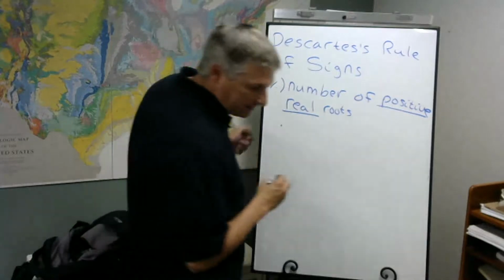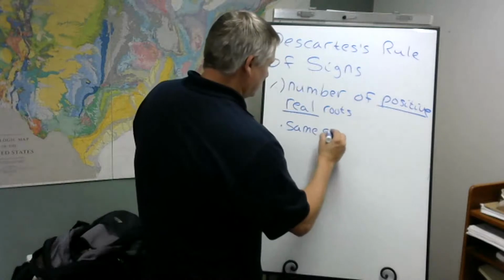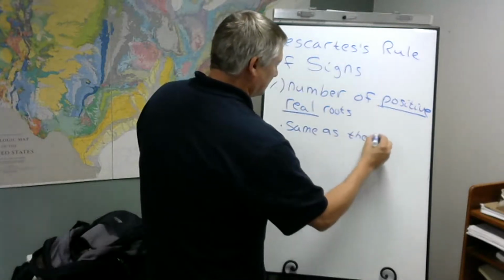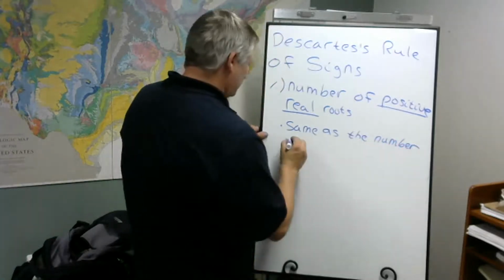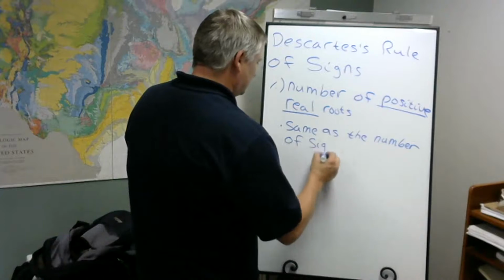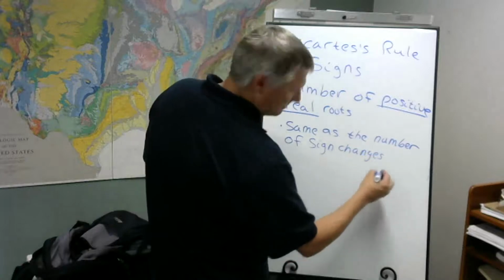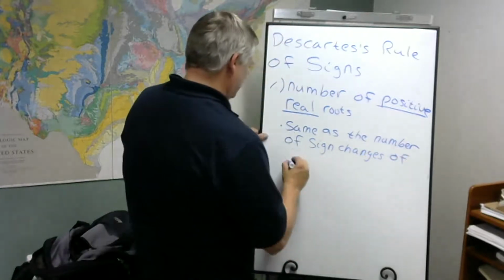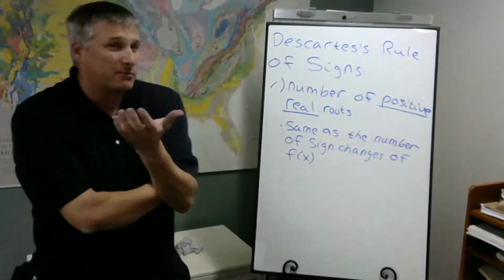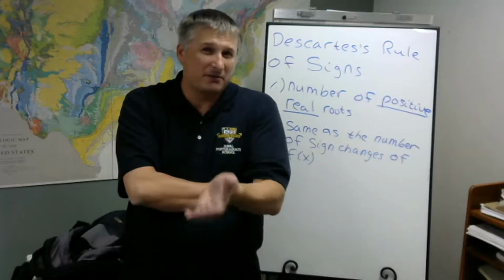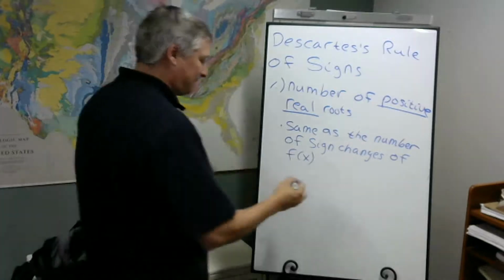So it's going to be this, either the same as the number of sign changes of f of x. So the number of positive real roots could be the number of sign changes in f of x. What does that mean, sign changes? Well, what we're looking for is this.